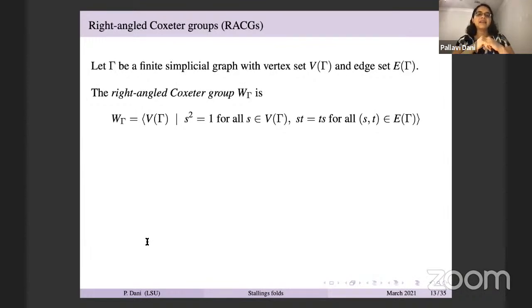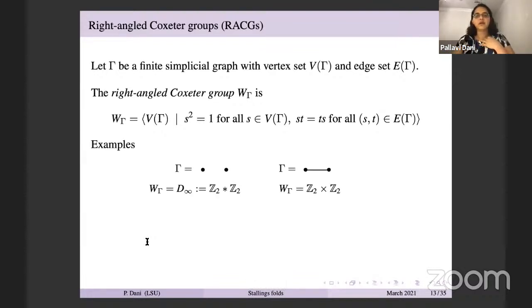It has as its generating set exactly the set of vertices of gamma. And you have a presentation where there are two types of relations. Each generator is an element of order 2, and you have a commuting relation between a pair of generators exactly when the corresponding vertices of gamma are joined by an edge.